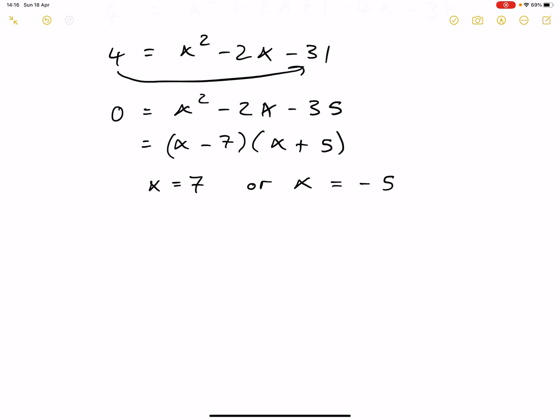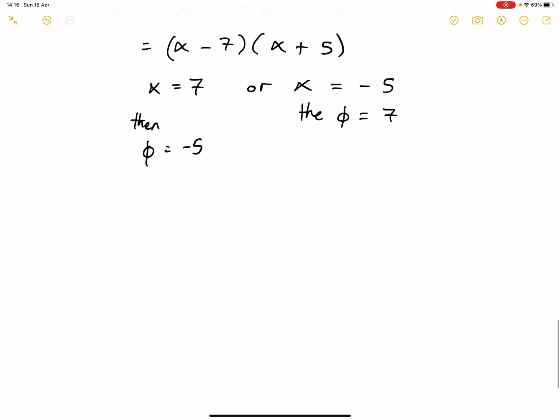It doesn't actually matter, because if alpha is equal to 7, then phi, because they're in an arithmetic progression, will be equal to minus 5. Or if alpha is minus 5, then phi will be equal to 7. All that depends on is what d will be.